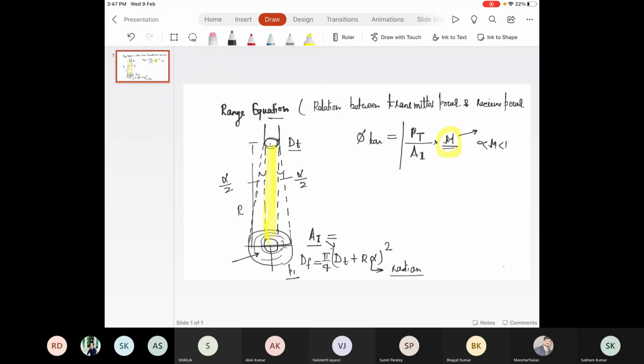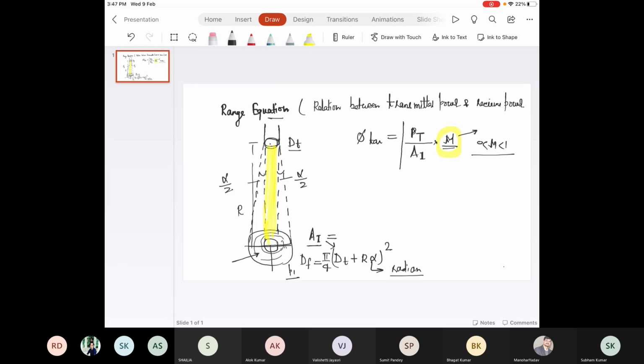So P_T divided by A_I, the total power per unit area illuminated by the laser beam, into M, is the power density within the illuminated area A_I.